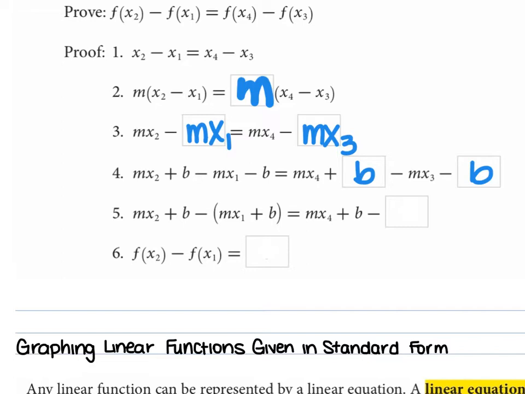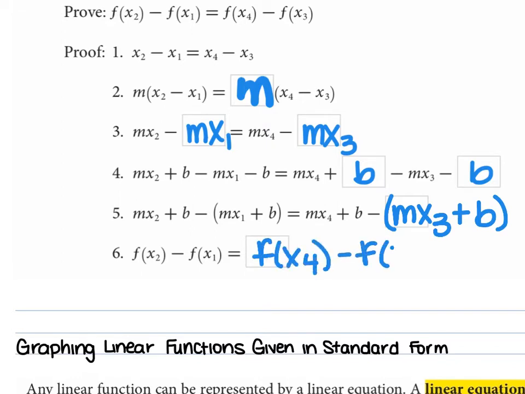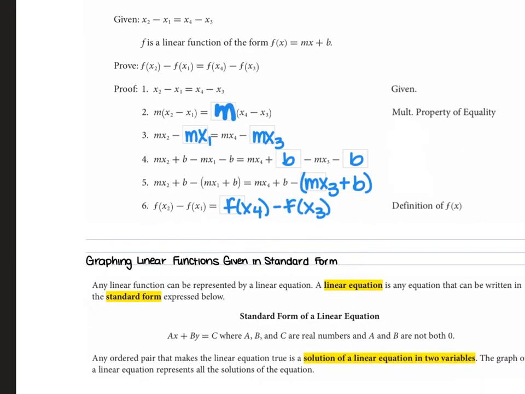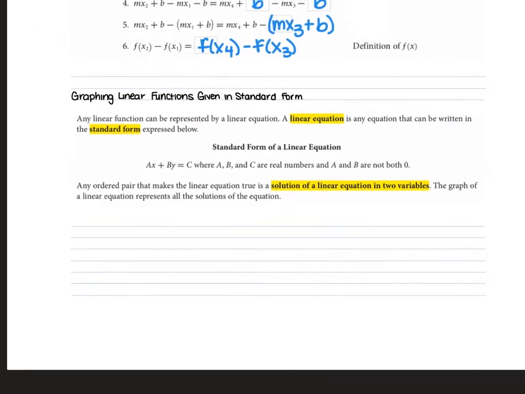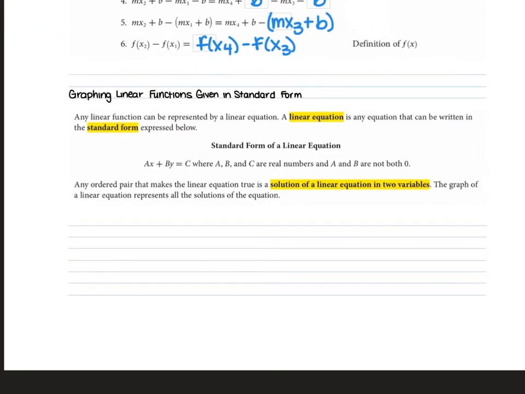We're going to do the same thing on the other side, factor out that negative, and it ends up being mx3 plus b. So this is just saying that f of x2 minus f of x1 is equal to f of x4 minus f of x3. Kind of confusing. We're not really going to be using this, but it does have to do with your linear equations in standard form and point slope form and everything.